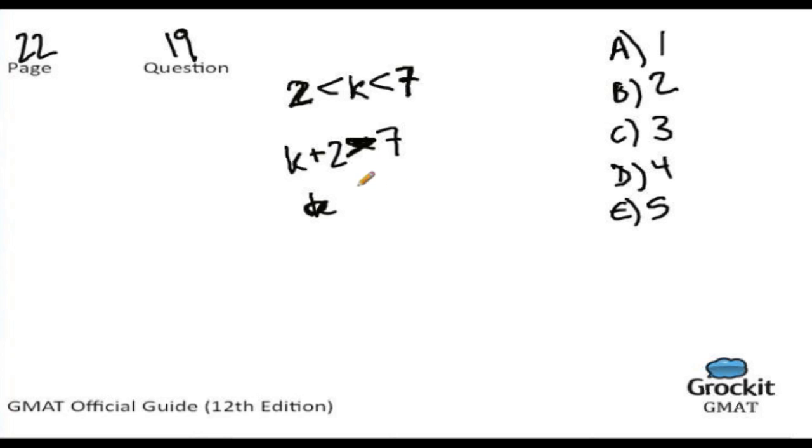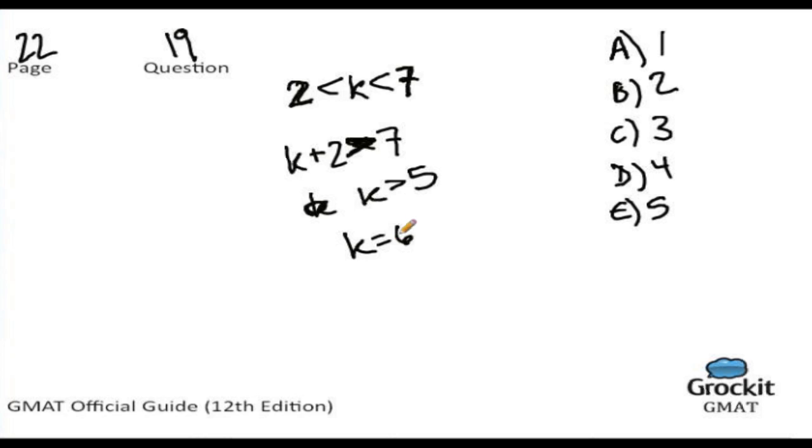We can subtract 2 from both sides. So k basically needs to be greater than 5. The only integer value less than 7 but greater than 5 is k equals 6. 6 plus 2 is 8. 7 is less than 8, so it fulfills our rule on triangles. And there are no other numbers.